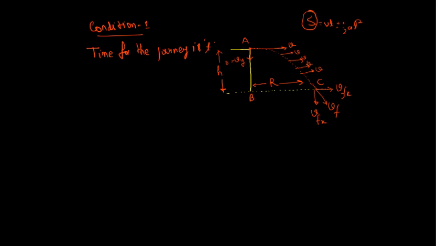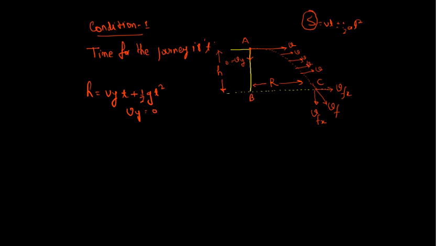So I can write here, h is equal to uy, that is the y component of the velocity, multiplied by time t, plus half gt square. Why am I writing this? Because this is gravity, and gravity is favoring this motion. And you know uy is equal to 0, because this is the y component.